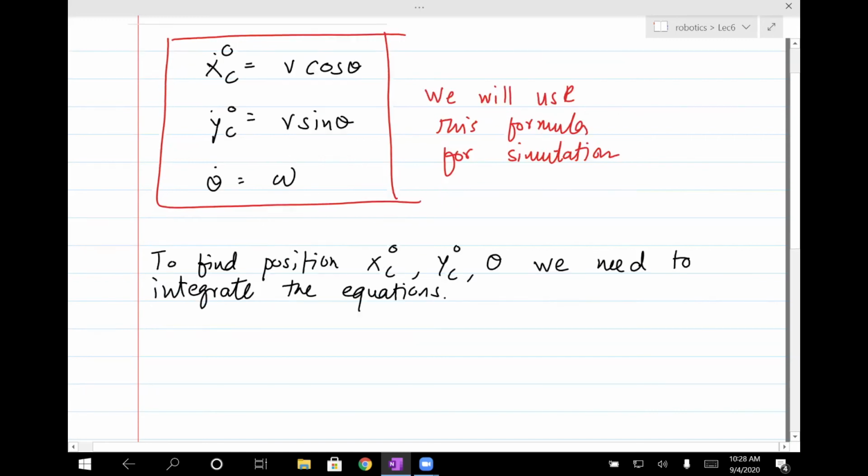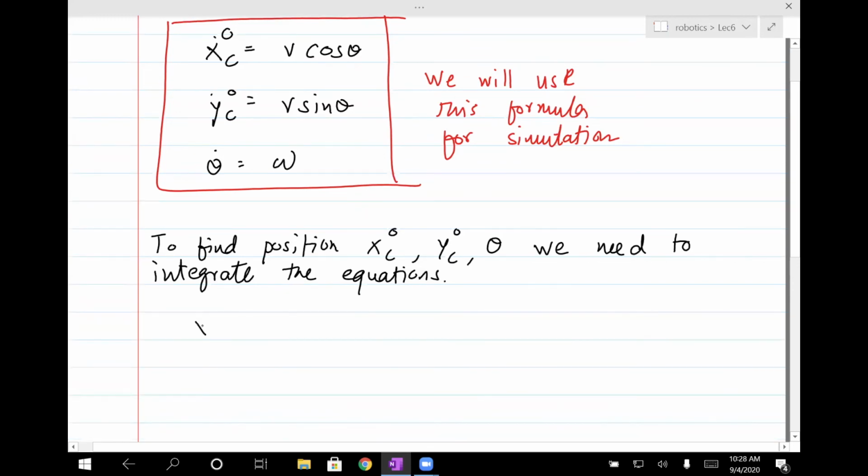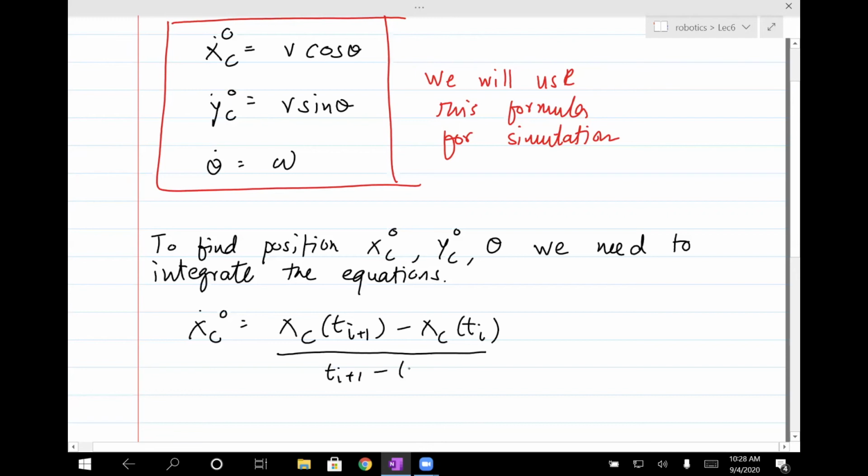One of the simplest ways of integrating equations is what is known as Euler's method. If you have forgotten what that is, it's basically taking a finite difference. So x dot C0 can be written as xC at time i plus 1 minus xC at time i, divided by delta t, that is t i plus 1 minus t i, equals v. In this case, since velocity is going to change at every instant of time, I need to write velocity as v at t i, cosine of theta, which is again at time t i.